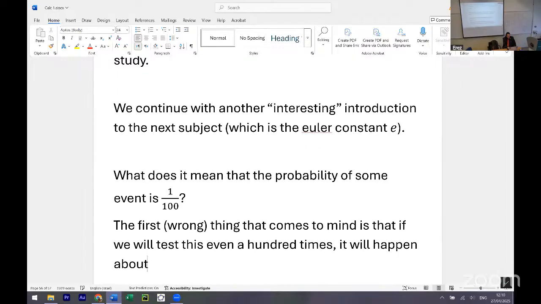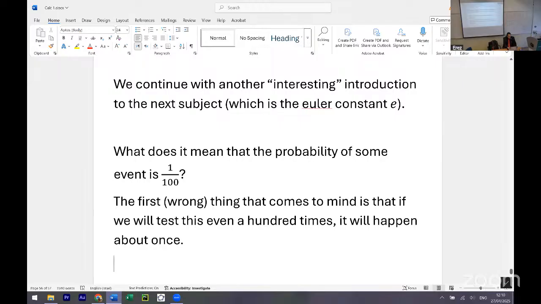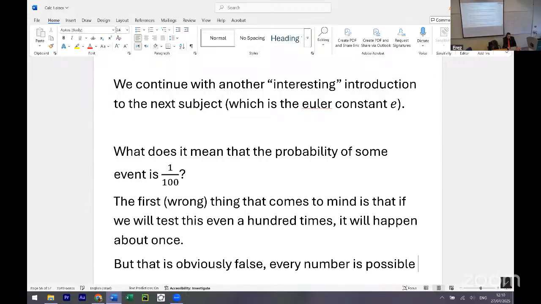Once. About once. But obviously that is false, because it can happen 0 times or the whole 100 times, given some probability. Every number is possible with some probability.